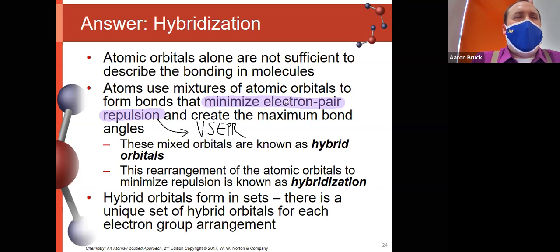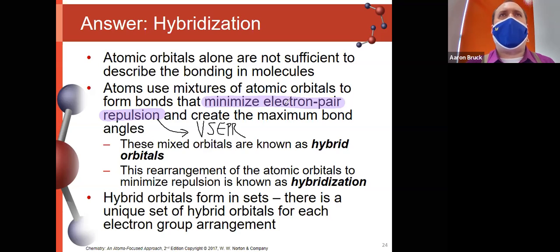So VSEPR theory covered the what. Covered the what is this question? What molecular shapes form when we have bonding of this kind? Hybridization answers the how or the why question. How do we get the molecular shapes that we described?